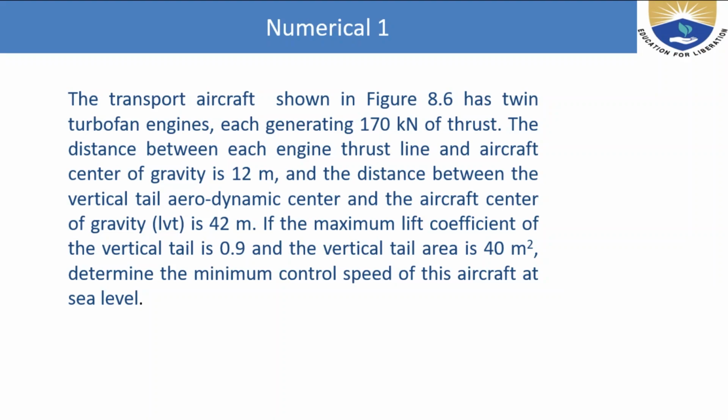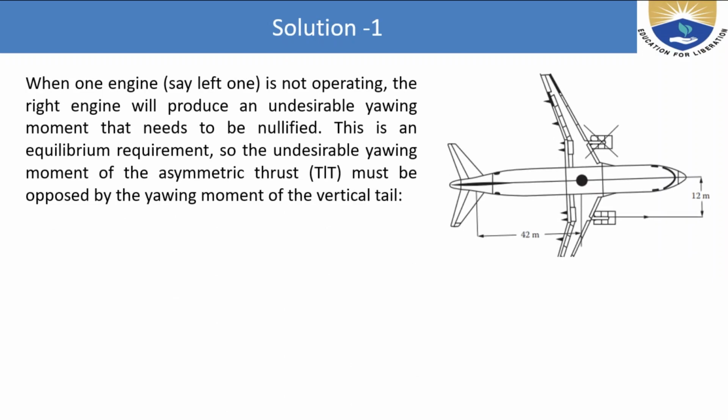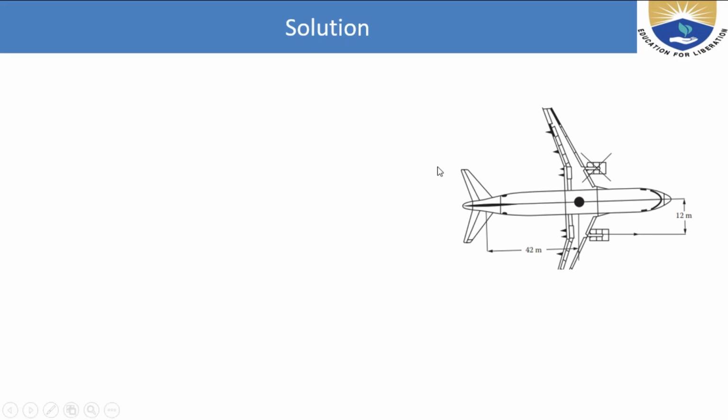So this we will see here, this is the aircraft which is given. In this, the vertical distance and the horizontal distance, all parameters are given here. So we know that N_CG is equal to 0.